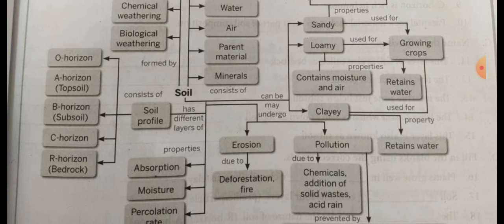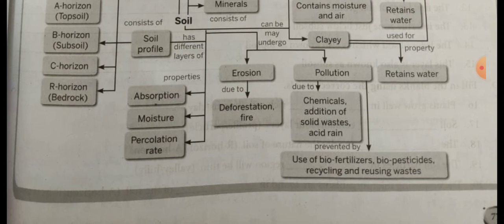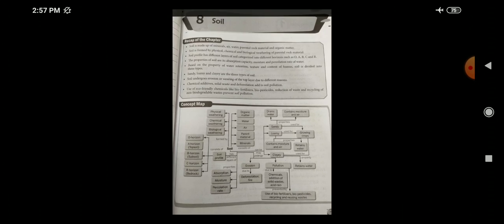Then the soil may undergo erosion and pollution. Erosion is due to deforestation or fire. Next, pollution means what? Chemical additions, solid waste, acid rain. Then the use of biofertilizers, biopesticides, recycling and reusing waste. Okay, that's all.